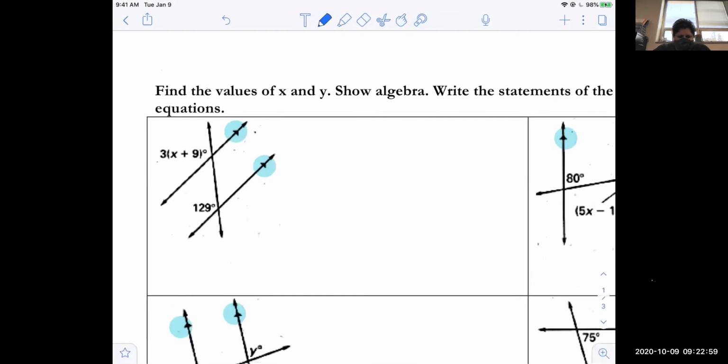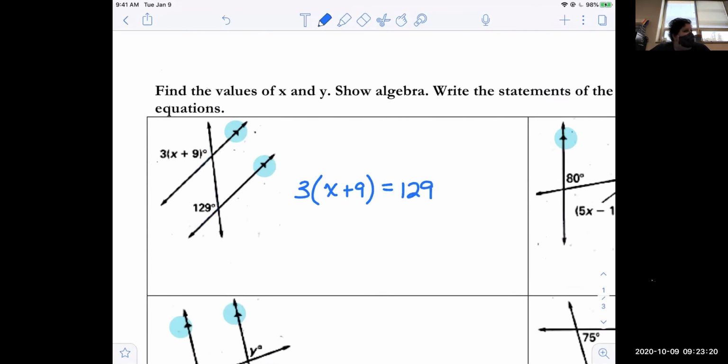Okay, how are these angles related? Andrew, how are those angles related? They're corresponding. So they're going to be congruent. So 3x plus 3 times the quantity x plus 9 is 129.